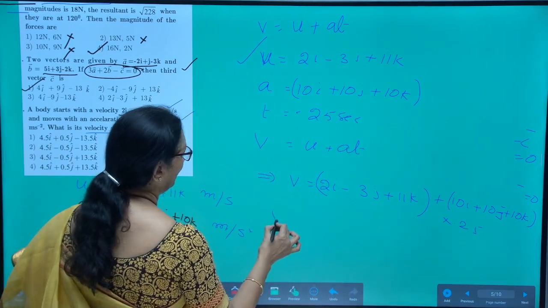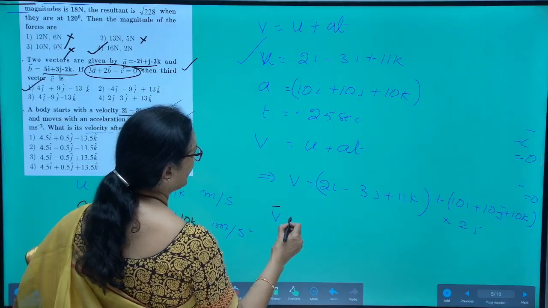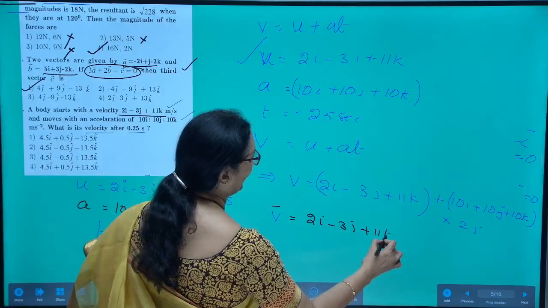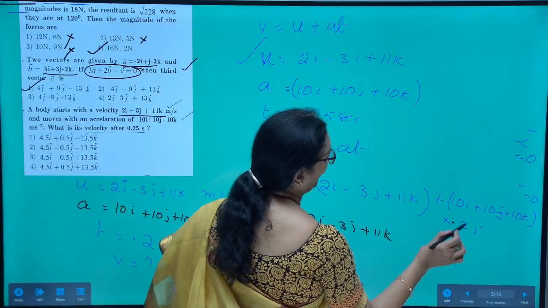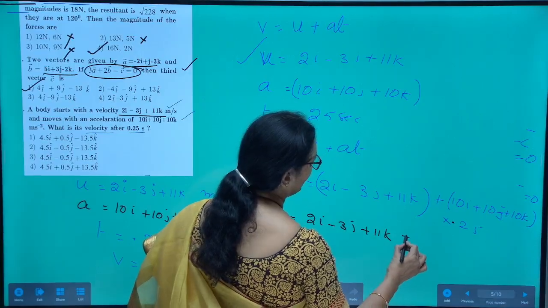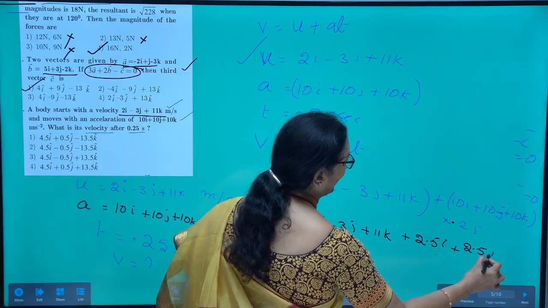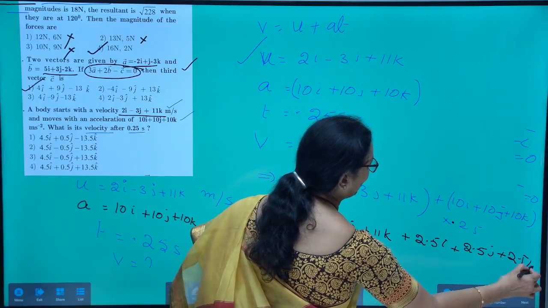So v is equal to, if you simplify this, 2i minus 3j plus 11k. 10 into 0.25 is 2.5, so 2.5i plus 2.5j plus 2.5k.